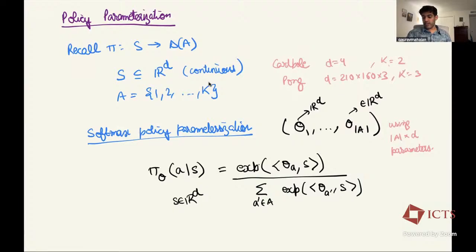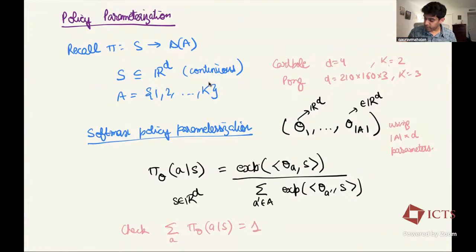You can check that the sum over all actions of pi theta, the probability of A given S, is 1, and all of these numbers are between 0 and 1, because all of these things are positive.